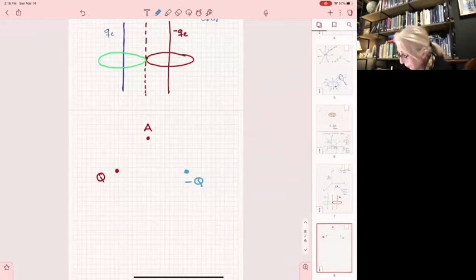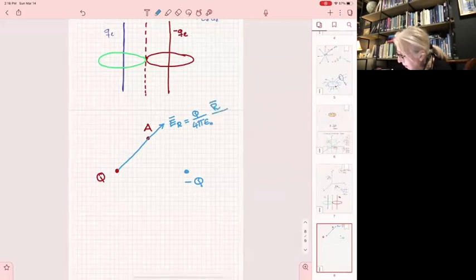Okay, you would have one component coming from the field along here, and according to that, it will be along the R direction. As a matter of fact, it will be Q over 4 pi epsilon naught in free space, R over the magnitude of R cubed.